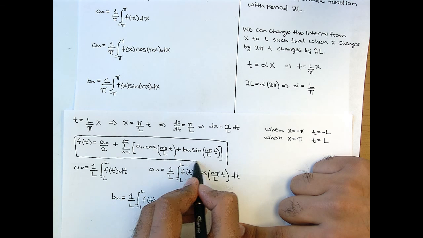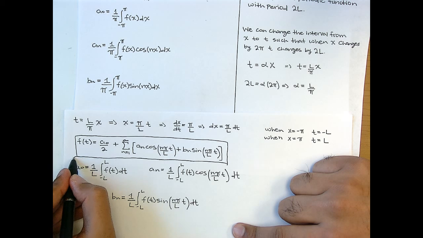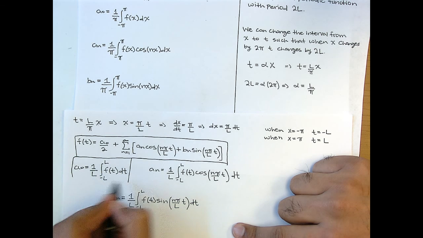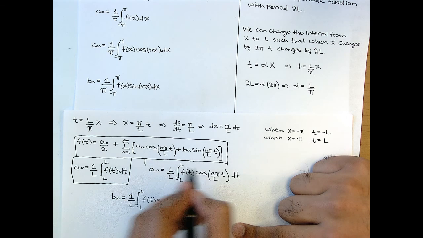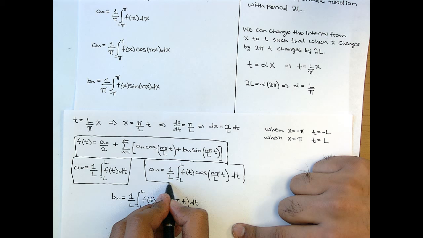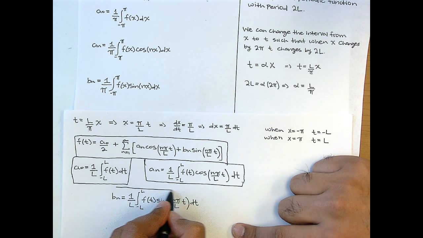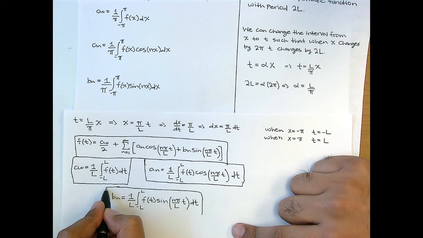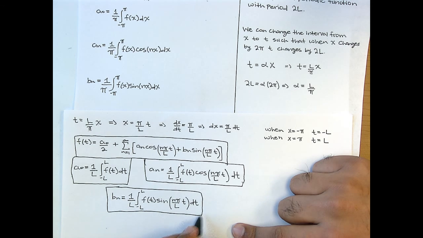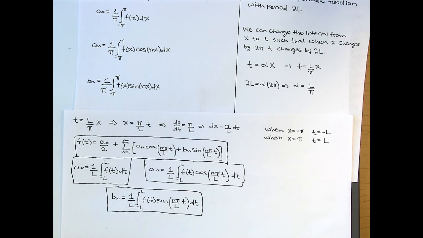So this is the coefficient a0 associated with that, a sub n, and this is b sub n. Okay, so that is our transformed Fourier series and Fourier coefficients.